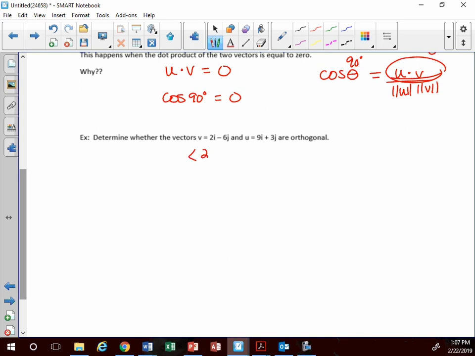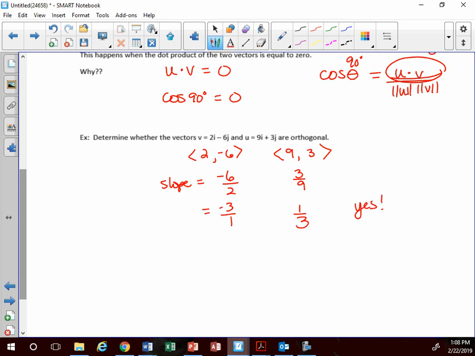So we have the vector 2, -6, and we have 9, 3. So the slope of this first one would be 6 over 2, which is -3 over 1, good. And the other one would be 3 over 9, which is 1/3. So, yes, they are orthogonal.